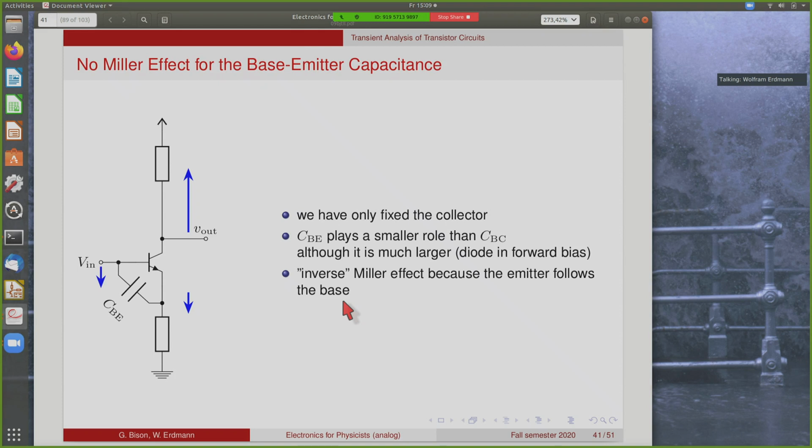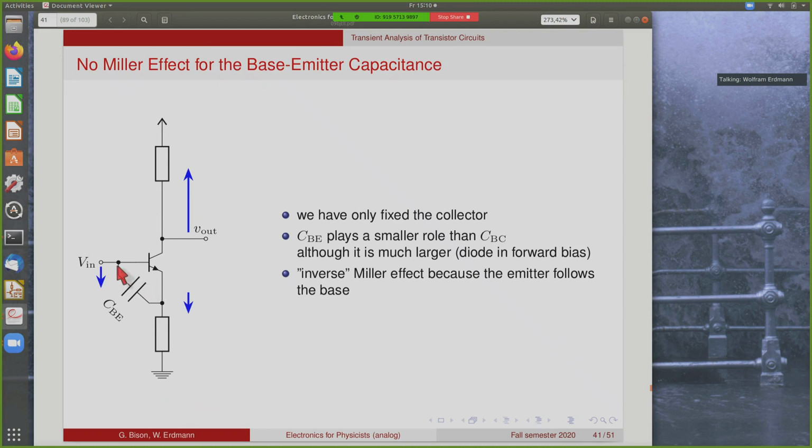But now let's look a bit more into what happens here. There's also a capacitance between the base and the emitter. But here the situation is a little different. Whenever we move the base in one direction, the emitter follows essentially. So this is the famous emitter follower, of course.